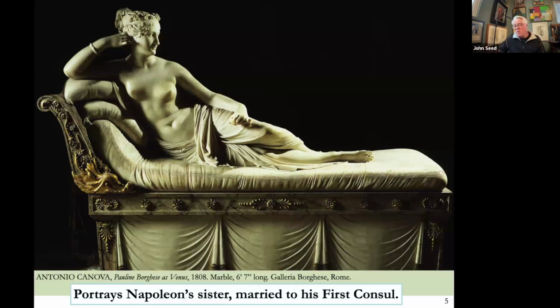When Napoleon's sister married his first consul, she was already a vivacious 23-year-old widow. She asked that the neoclassical sculptor Canova portray her as Venus. Can you imagine? Well, actually, I'm starting to be able to imagine it. I was going to say, can you imagine a political figure or a political wife now having herself portrayed in the nude as Venus?